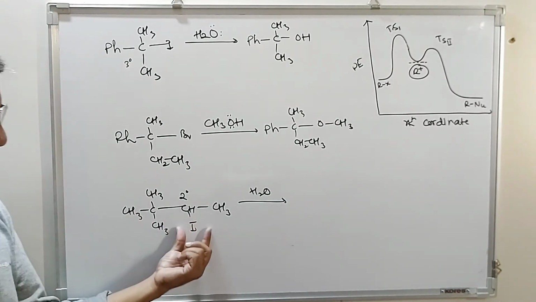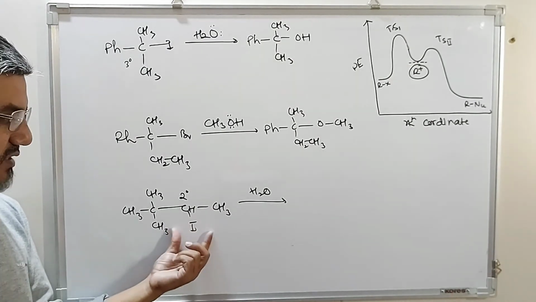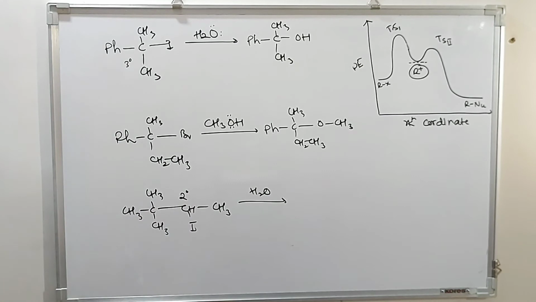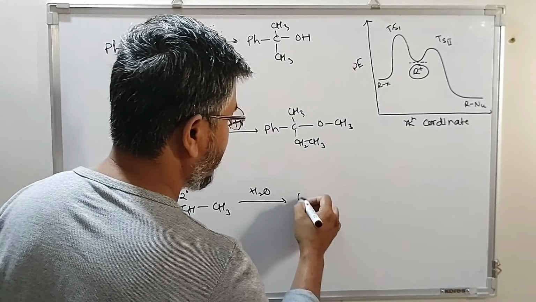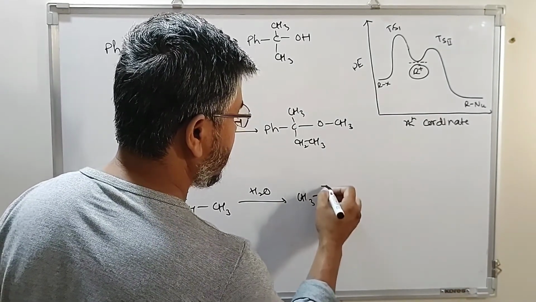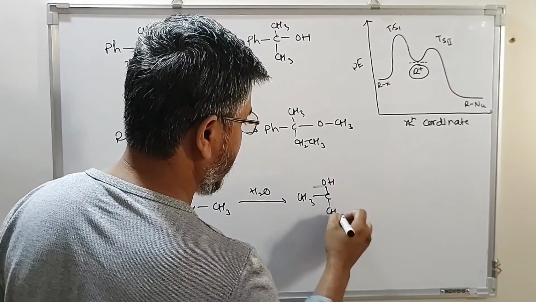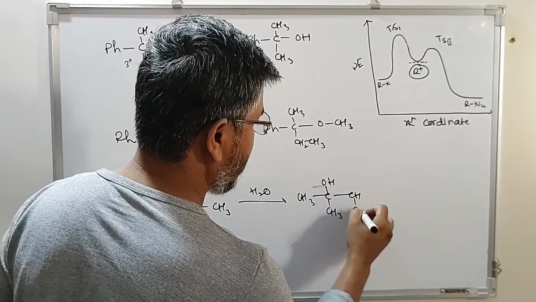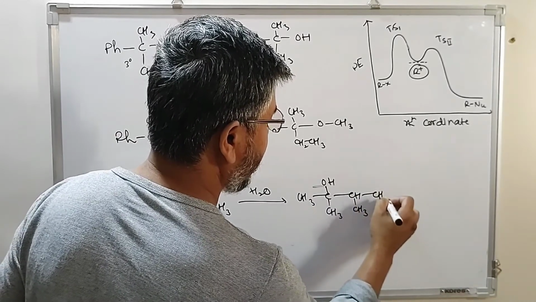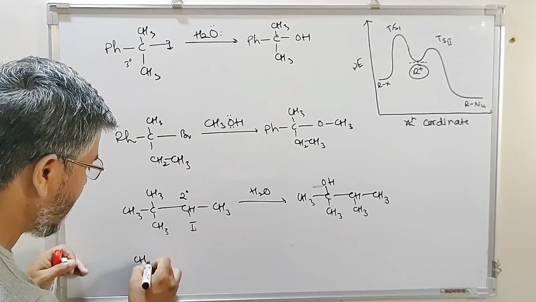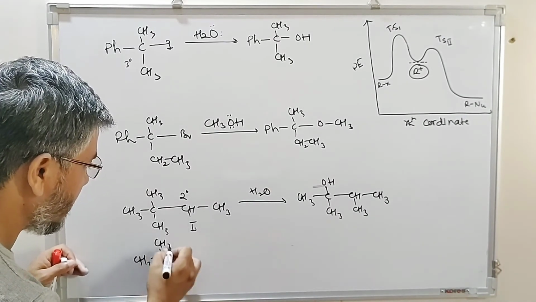So the first cation formed will be secondary. Secondary will rearrange to a more stable tertiary by hydride shift, and this gives you the product CH3, C, OH, CH3, CH3, CH3.